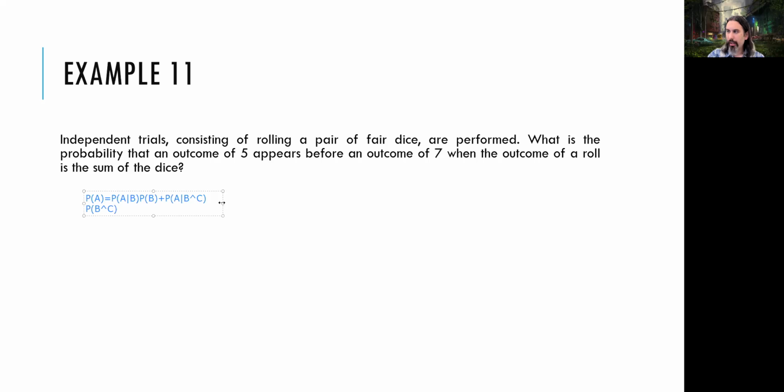Remember this one? Now, we can extend this into 3, 4, 5 or more events easily, as long as all these events, instead of B and B complement, anything we write, must be mutually exclusive and sum up to the sample space, the universal set, if you wish.